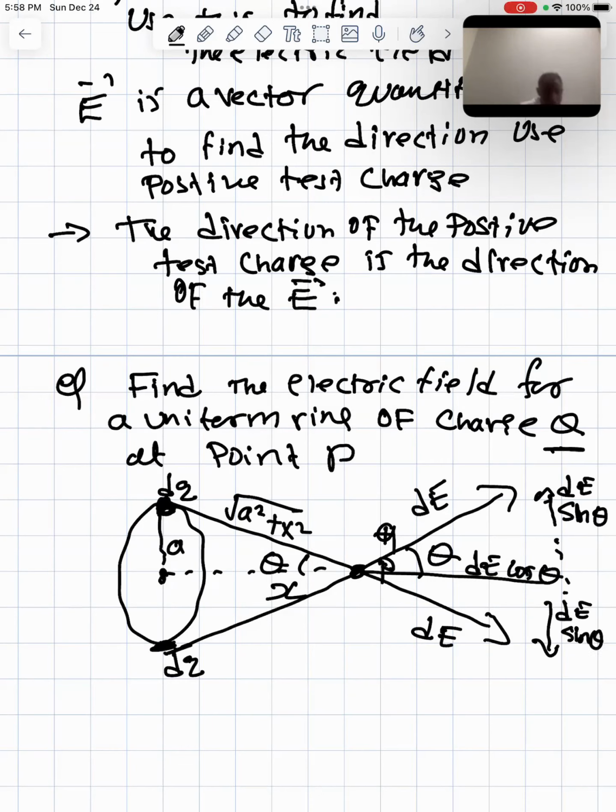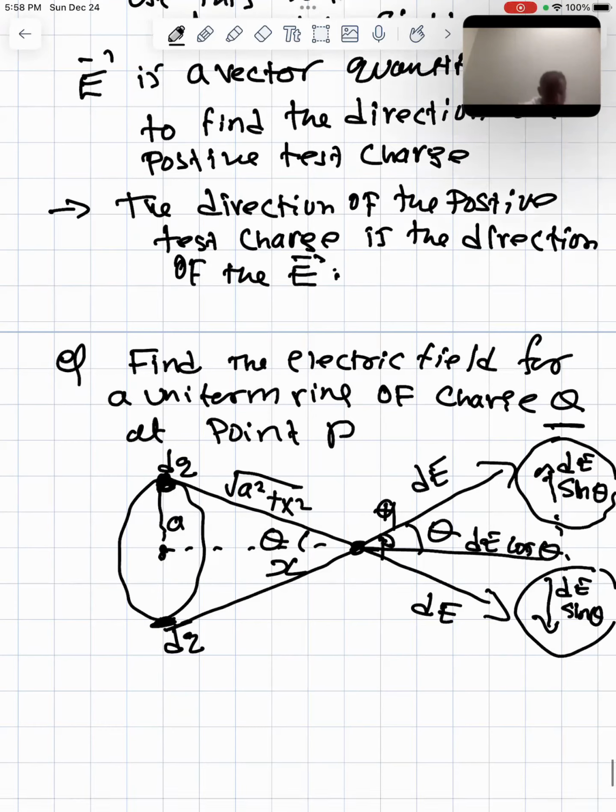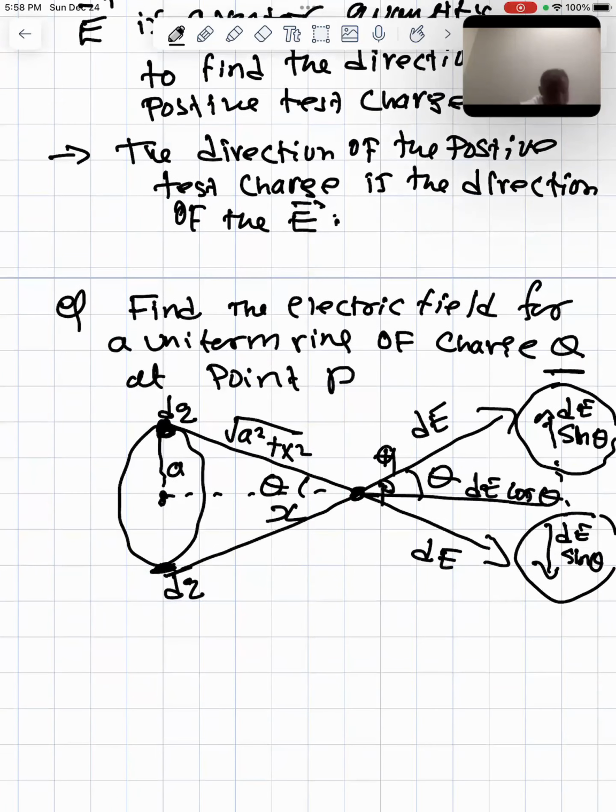From the symmetry, you can understand that the electric fields in the y direction cancel, because this is positive and this is negative. The only electric field you have is in the x direction.